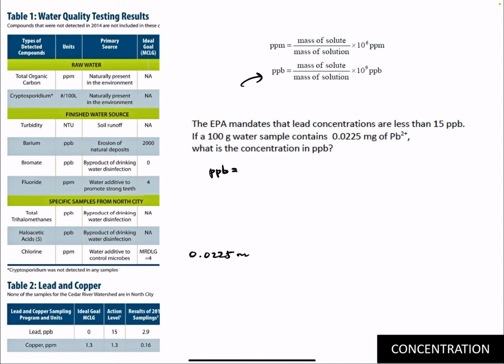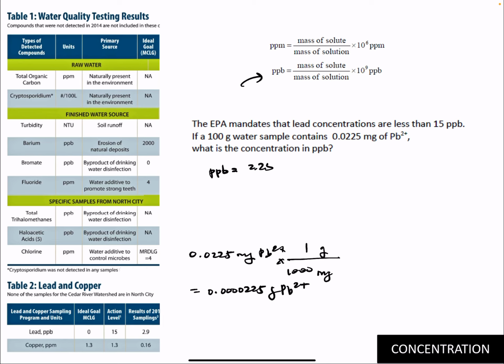0.0225 milligrams of Pb2+. I want to convert that from milligrams to grams. 1 gram is 1,000 milligrams, which equals 2.25 times 10 to the negative 5 grams of Pb2+.